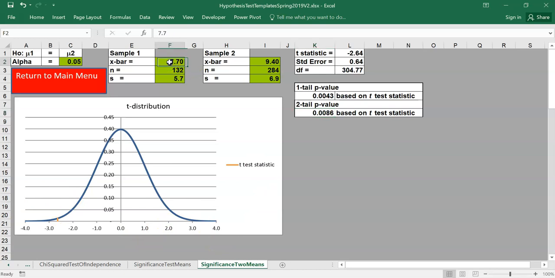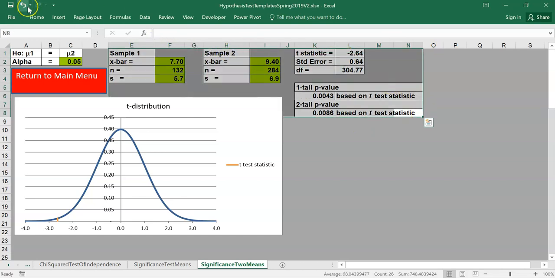The p-value means, what's the probability I get sample values this far apart or further if the null hypothesis were true? So if this blue graph were true, what's the probability I'd land this far from the center or further? Two-tailed means either direction. So there's my p-value.